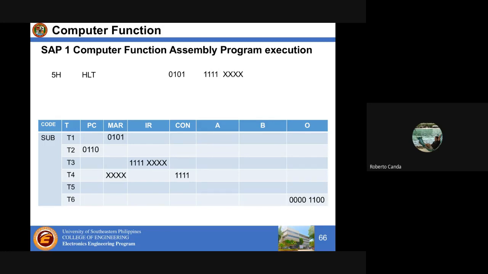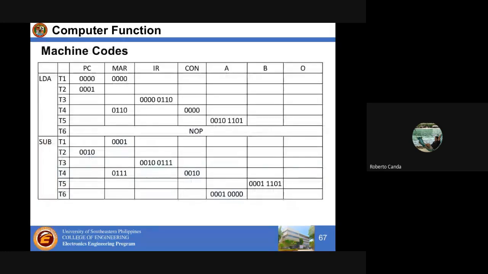So it can no longer proceed to the next line which is 6H because the SAP1 computer has now encountered an opcode which is HLT, meaning it has to stop the program run or the execution run. So in all, this will be your equivalent table for the machine codes during the execution of your instructions.